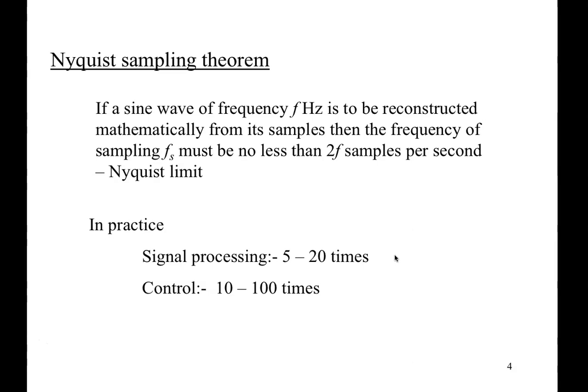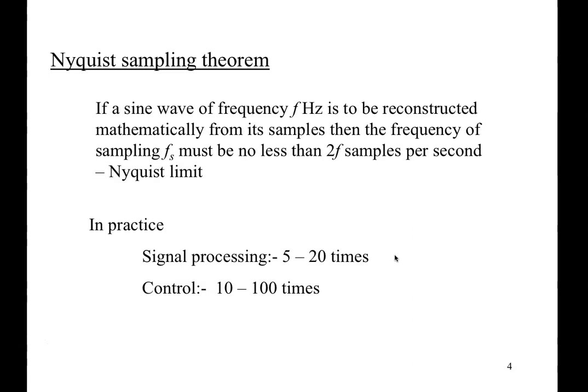So that means if the frequency of the sine wave is f, then your sampling frequency must be at least 2f. Okay, that's the limit for sampling. That's the minimum requirement for sampling.